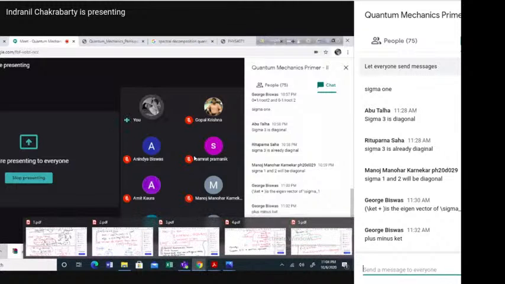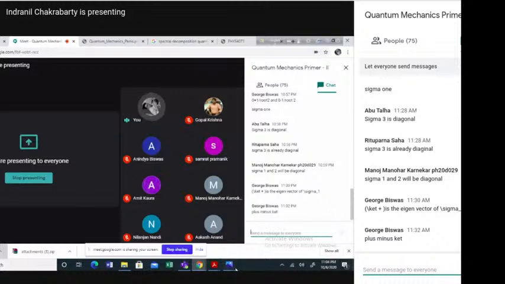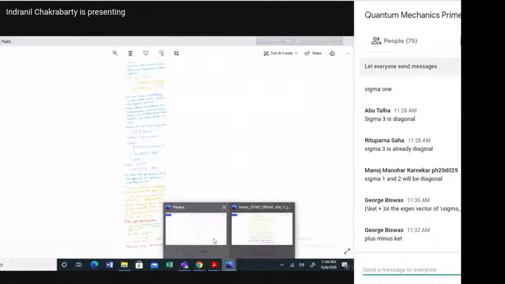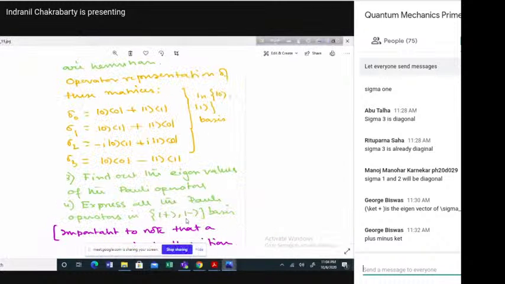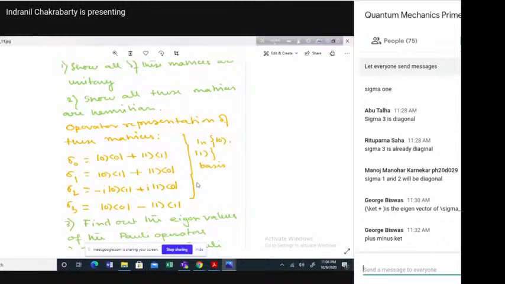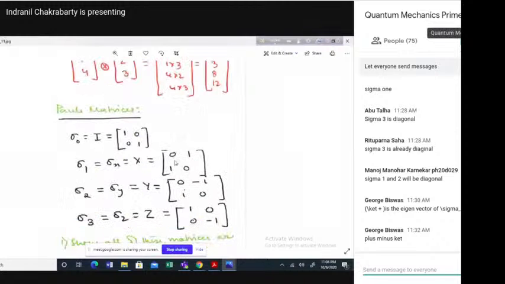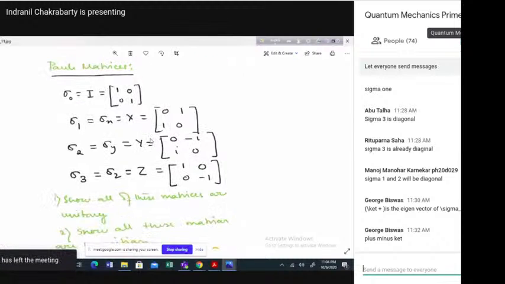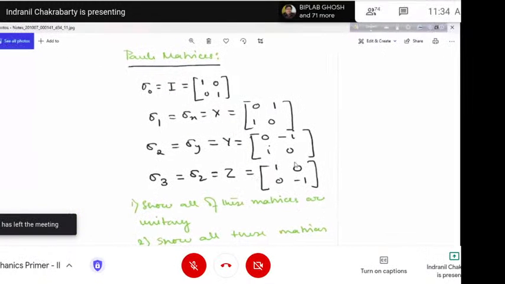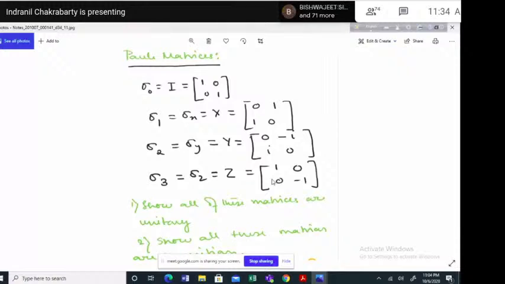So in this basis, I told you to write down the operators in the plus minus basis. In this plus minus basis, you will see a very interesting thing. Sigma 1 will be diagonal in the plus minus basis, whereas sigma 3 will be off diagonal in the plus minus basis.